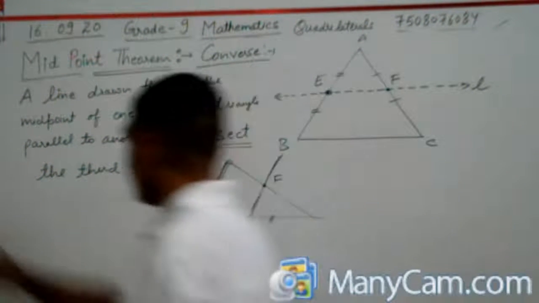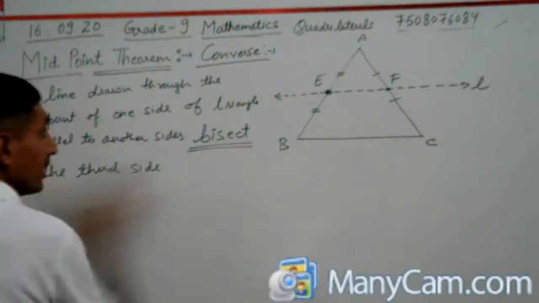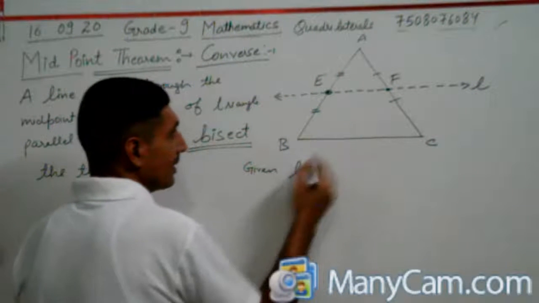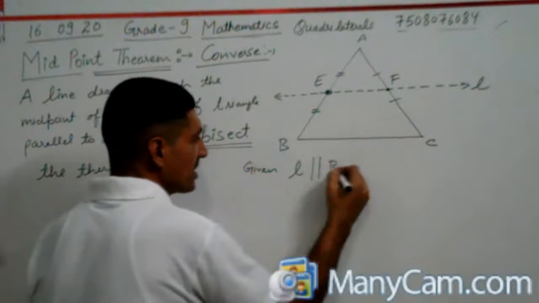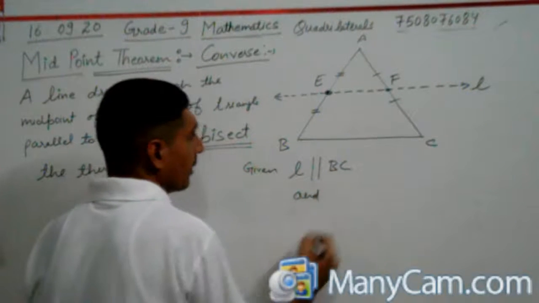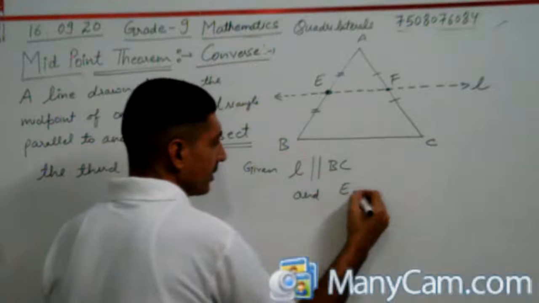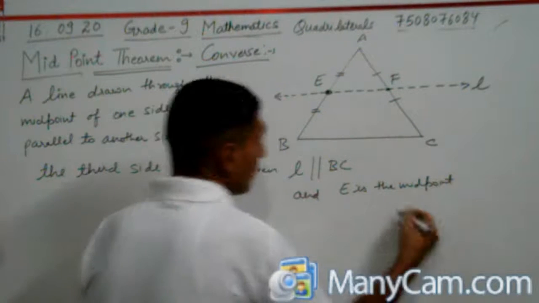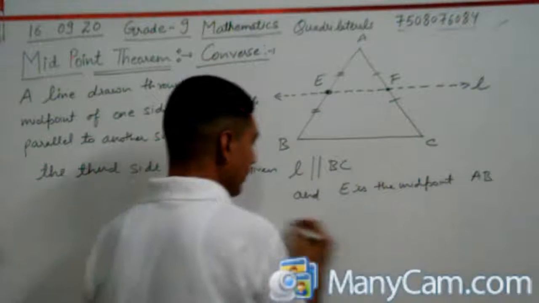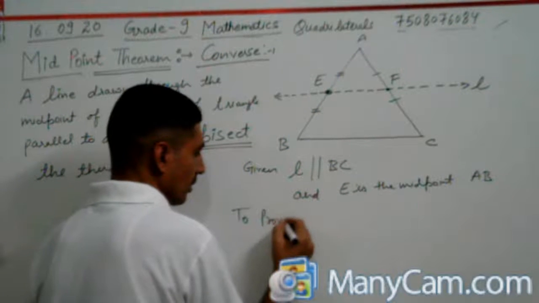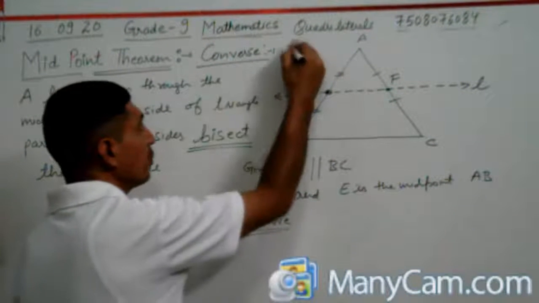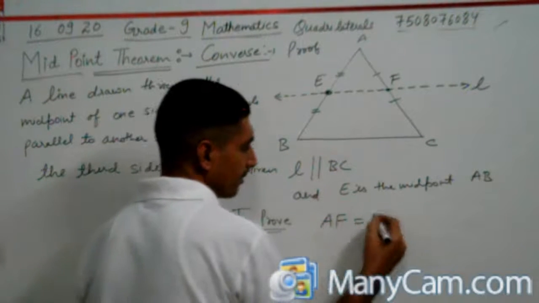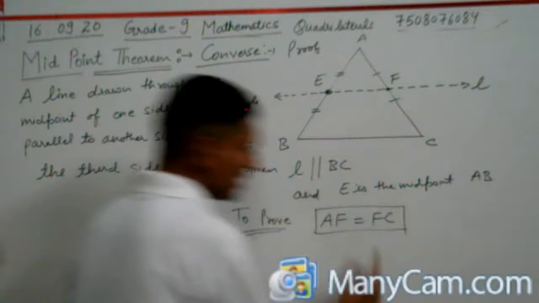So here, what is given? Line L is parallel to BC and E is the midpoint of AB, and we have to prove that F is the midpoint, that is, AF is equal to CF.